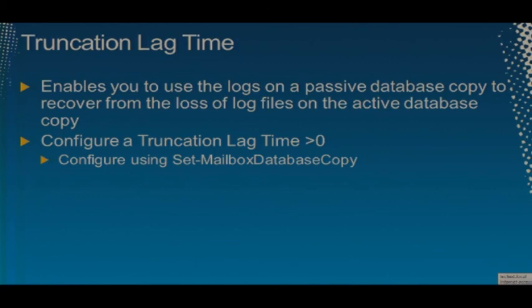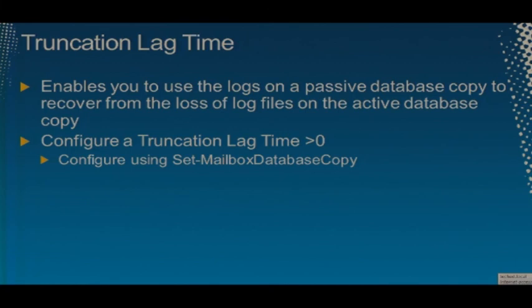You might be thinking, why do I want to keep the logs around on a passive copy? Why wouldn't I just truncate them when I'm done with them and not let it build up? Well, the reason is the truncation lag time is there to give you the ability to recover from the loss of logs on the active copy. Okay, remember, all logs are generated on the active copy and replicated to passive copies.